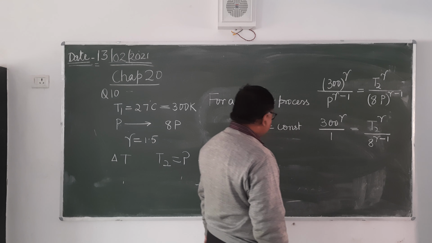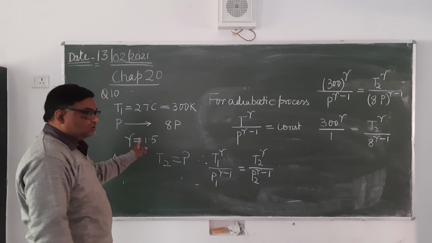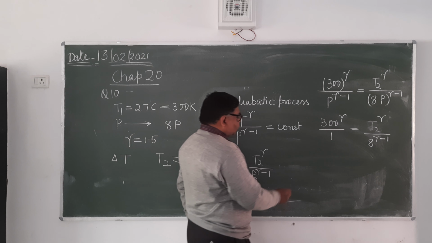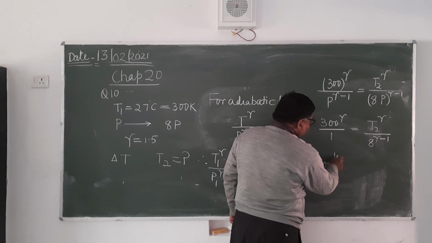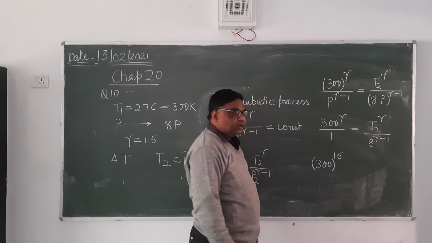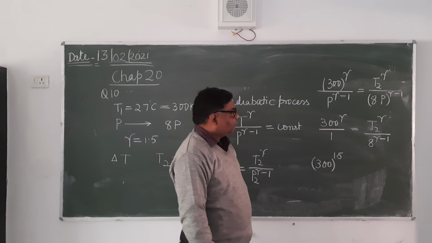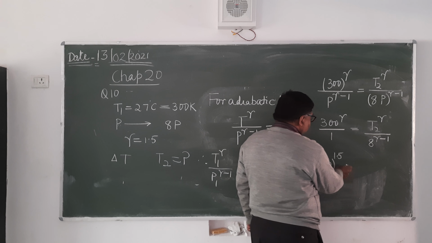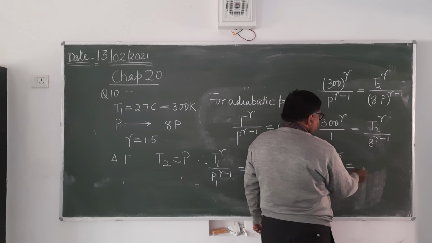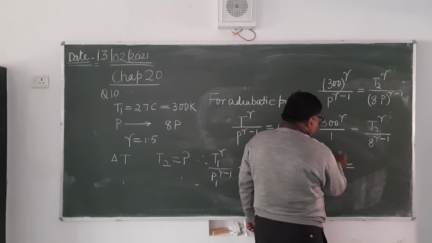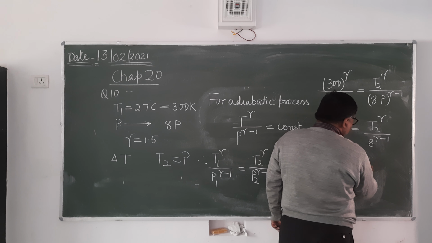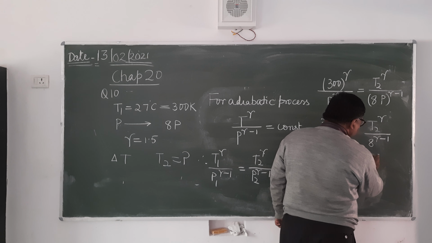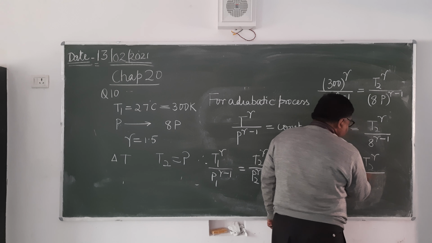Now substitute the value of gamma. Gamma is 1.5. So 300 to the power gamma equals T2 to the power gamma upon 8 to the power gamma minus 1, and here 8 you can write as 2 to the power 3.